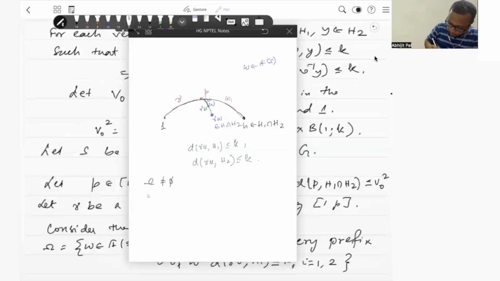Then this W1 will belong to omega, because gamma W1 is equal to H, which belongs to H1 intersection H2.